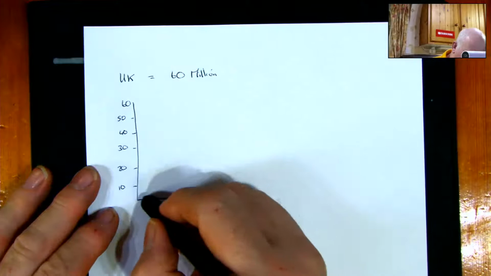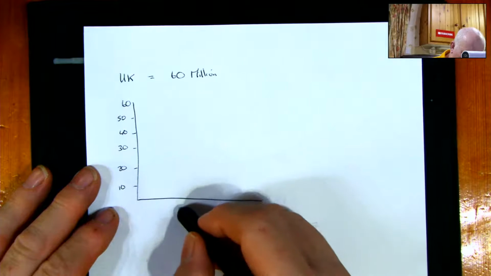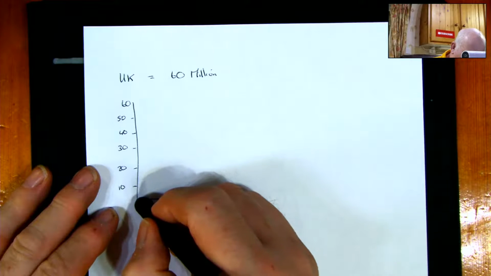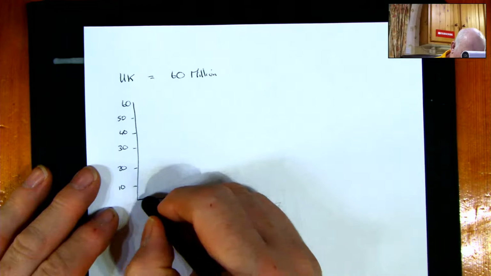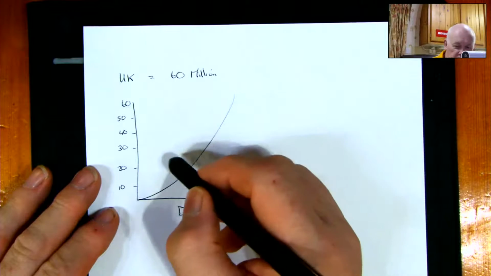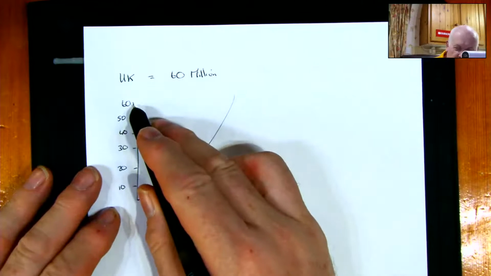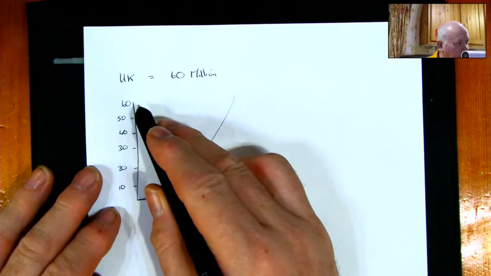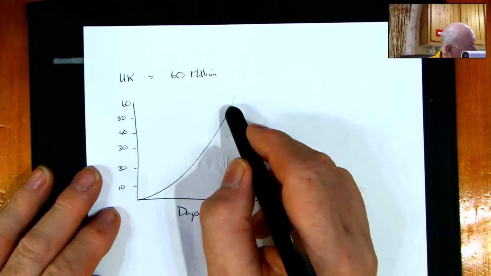If I've got a graph, which is going to be here, days going along the bottom, we can't get a graph that looks like this. This is an exponential graph, but we can't, because once we get to 60 million people, we're actually going to run out of people to infect.